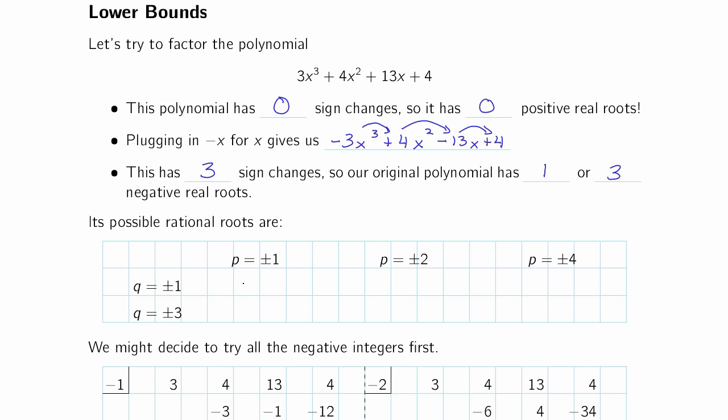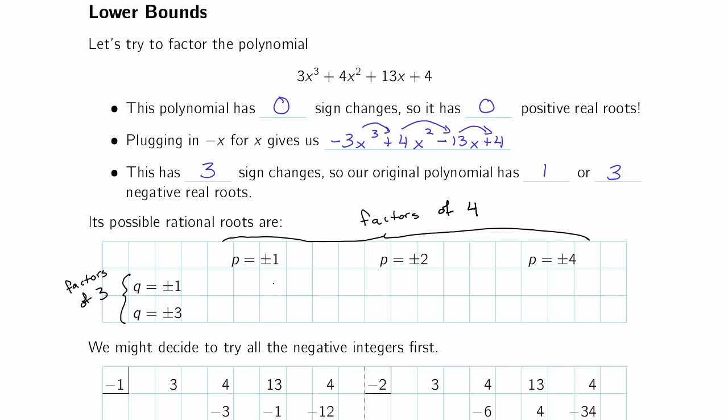What have we got? Well, our leading term is 3. Here are the factors of 3. Our constant is 4. Here are the factors of 4. So we have 1 over 1, 2 over 1, 4 over 1, 1 over 3, 2 over 3, and 4 over 3.